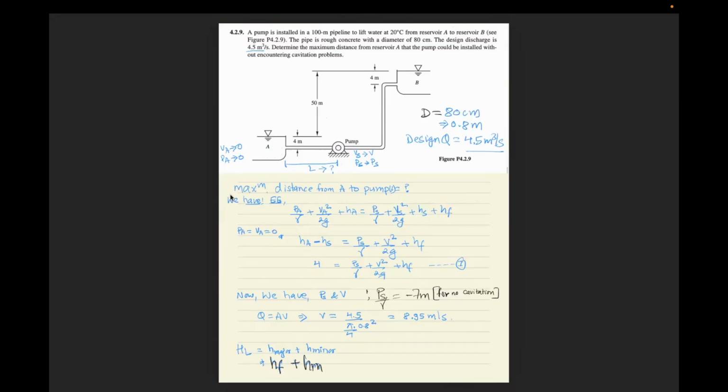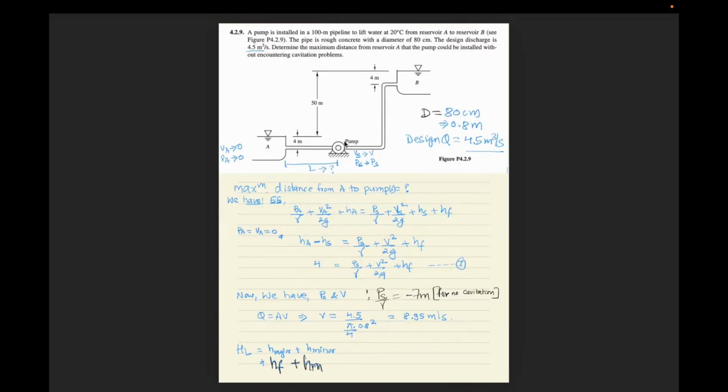So we can use the energy equation for this. We have the energy equation written in this form, where HA minus HP will be 4 meter, and since velocity and pressure will be 0 at the reservoir, we will neglect that.